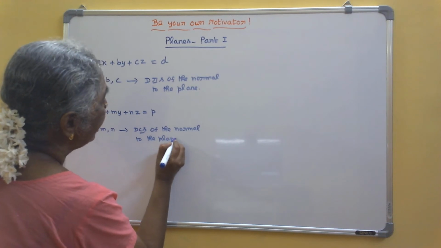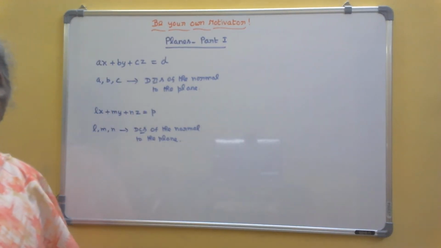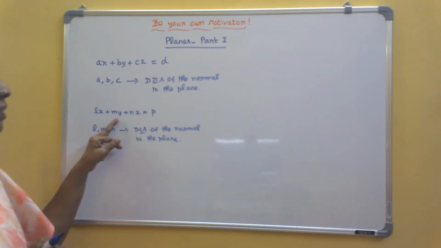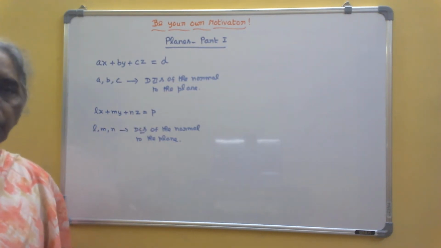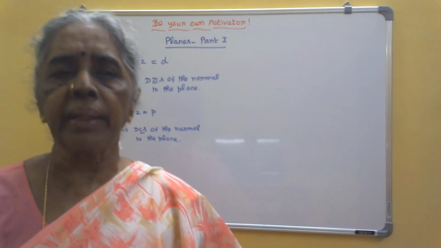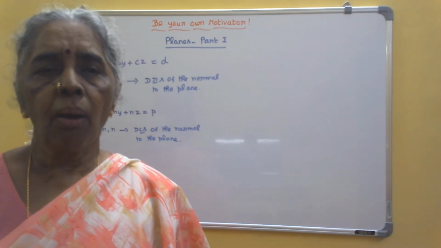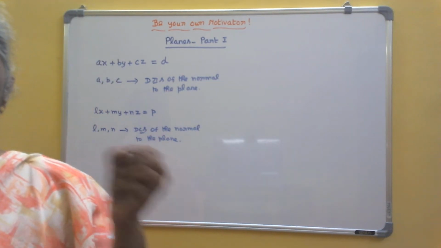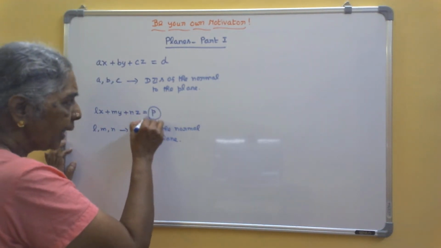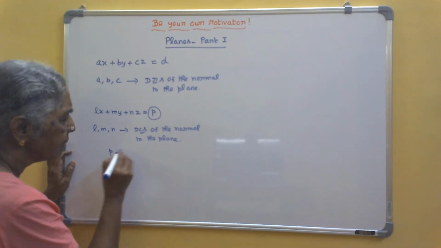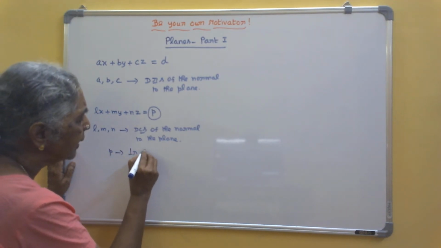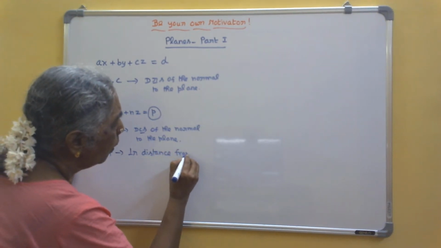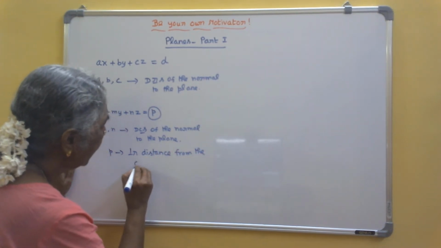But usually the sums they will give like this only. But here I will tell you what is the special. lx plus my plus nz is equal to p, where l comma m comma n are the direction cosines of the normal to the plane. In that case, this p will represent the perpendicular distance from the origin to the plane.